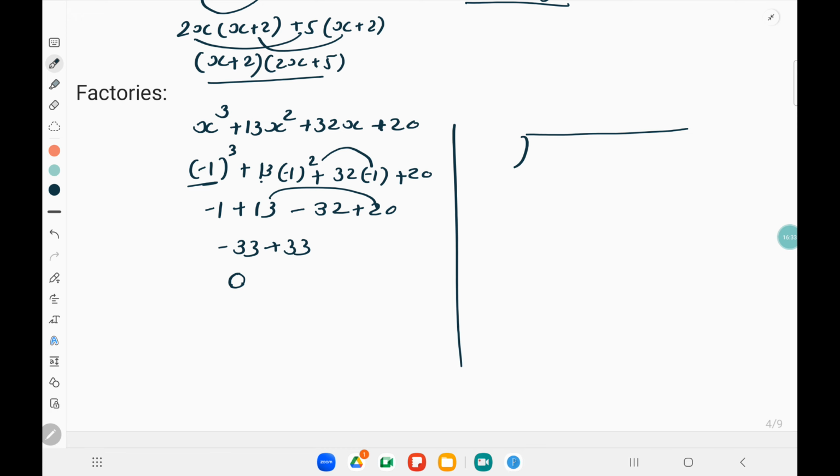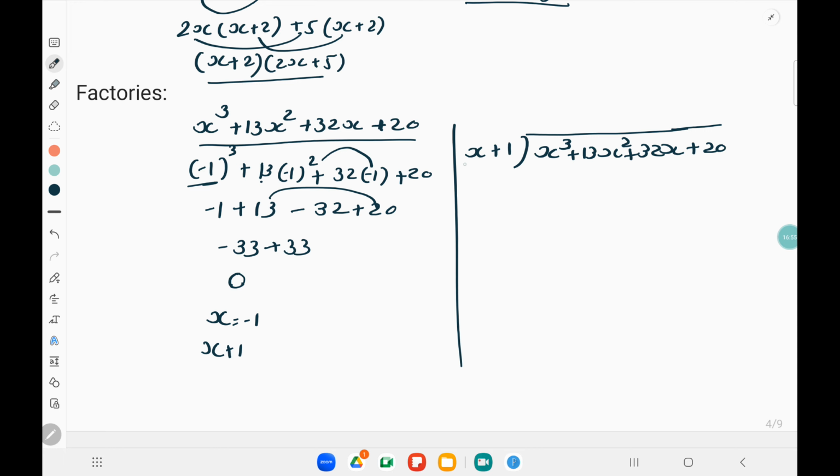One factor we know, x equals minus 1, so x plus 1 is the one factor. So I divide these things by that factor: x cube plus 13x square plus 32x plus 20.